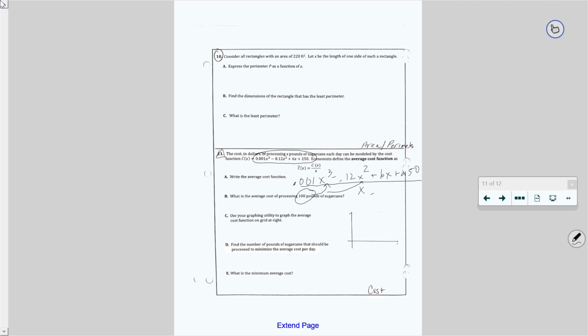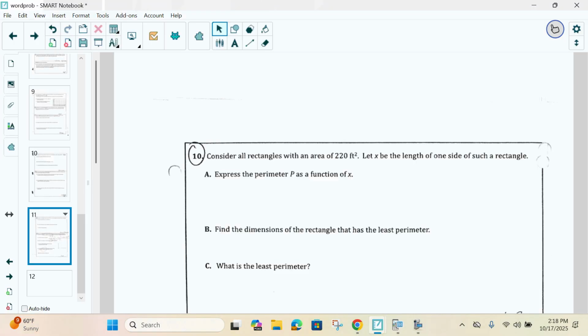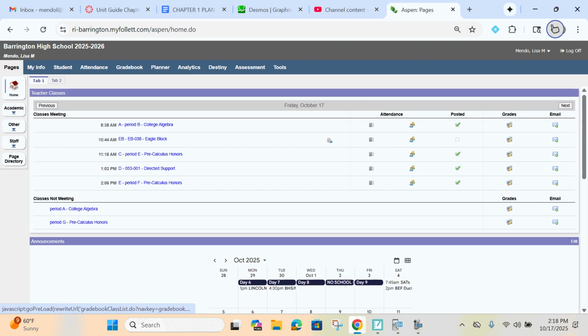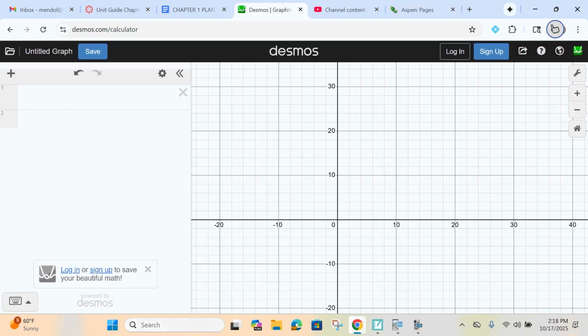Okay? Using graphing utility, get a graph. I'll do that in a second. Find the number of pounds of sugarcane that should be produced to minimize the average cost, and what is the average cost? So I'll go to Desmos, and I'll put that function in. Okay?